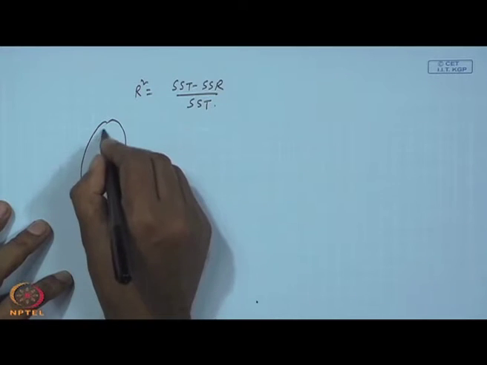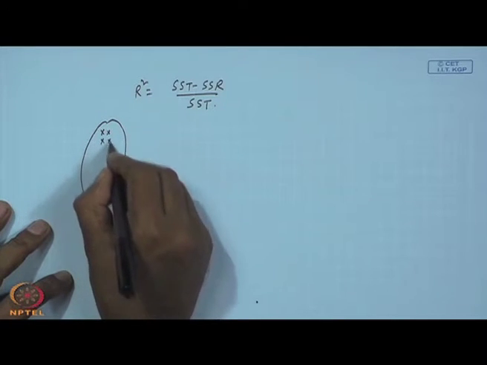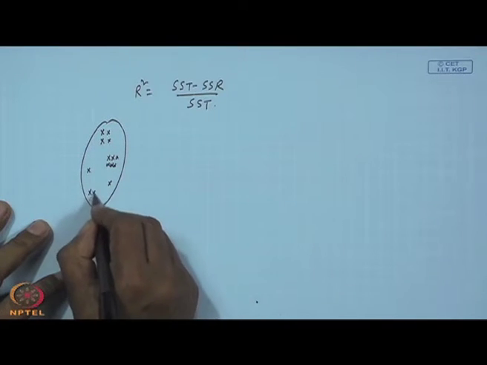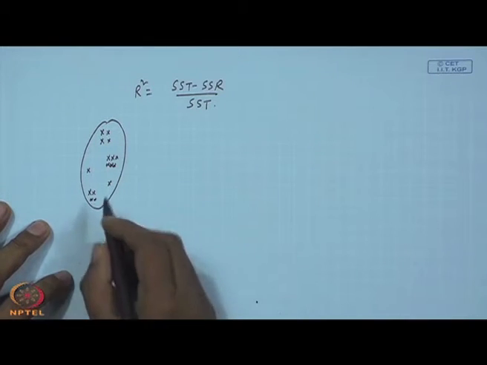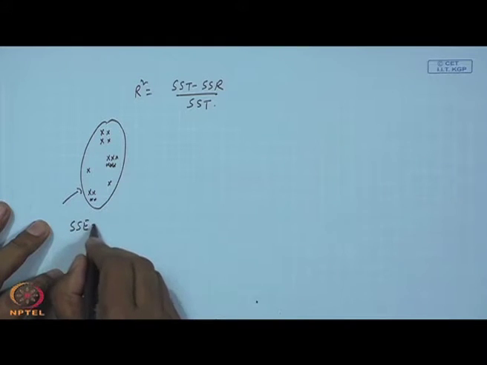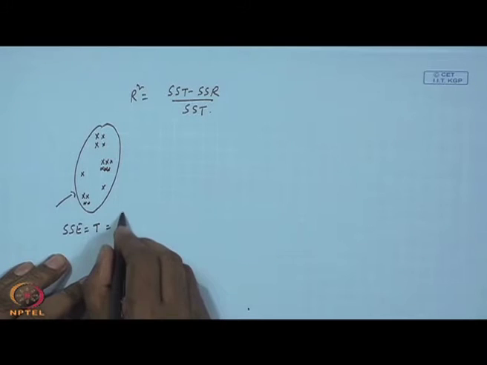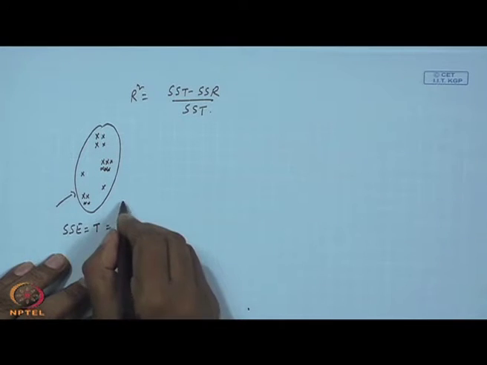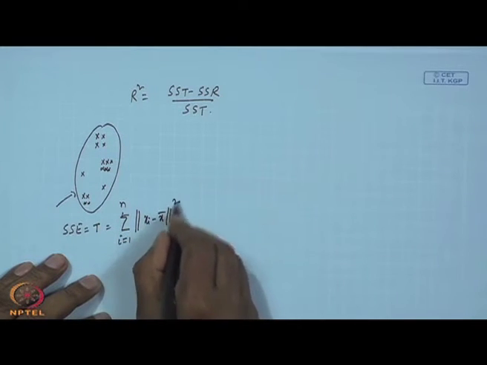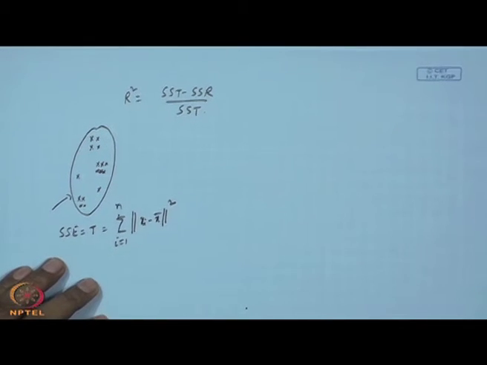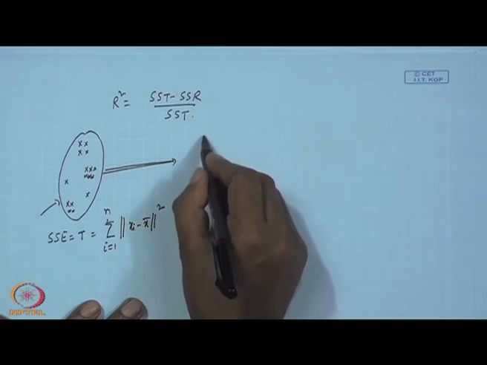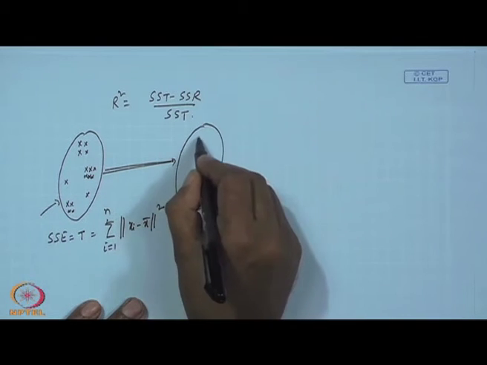Suppose I have a group of objects like this, and when you are treating one cluster, then what is the SSE? If I say the total, then this one is the sum over i equal to 1 to n of xi minus x bar, that square. Okay. Now suppose you are going for generating k clusters like this.